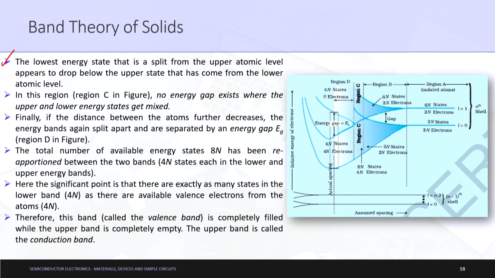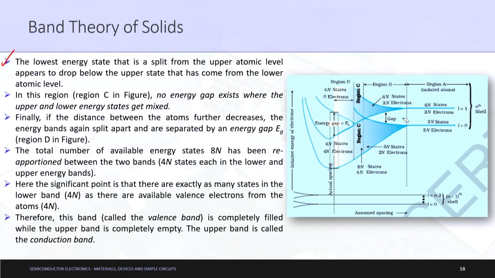So, basically they are trying to say that there is a lowest energy state that is split from the upper atomic level. As you can see, there are some portions of the upper atomic level that have dropped below the lower atomic level.